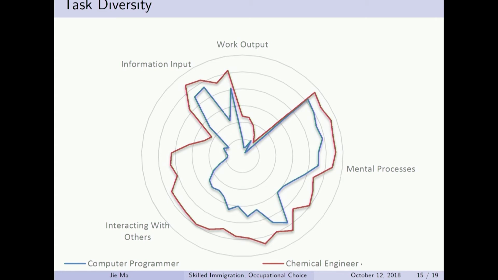So the idea is, if we use more of the task space, native chemical engineers will specialize in writing reports and communicating with customers or their subordinates, while the immigrants are going to specialize in the cognitive work. If they can specialize within an occupation, they shift out the production frontier, which could possibly be the source of complementarity.